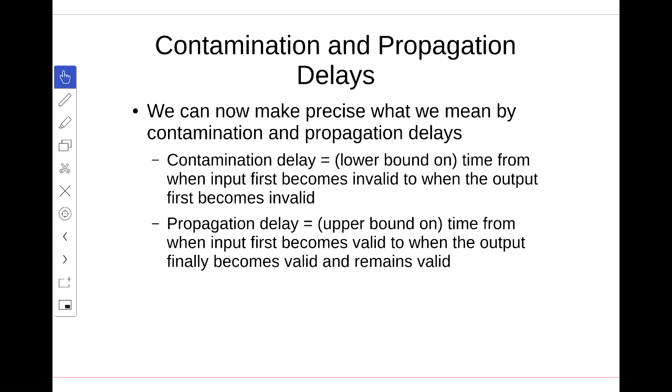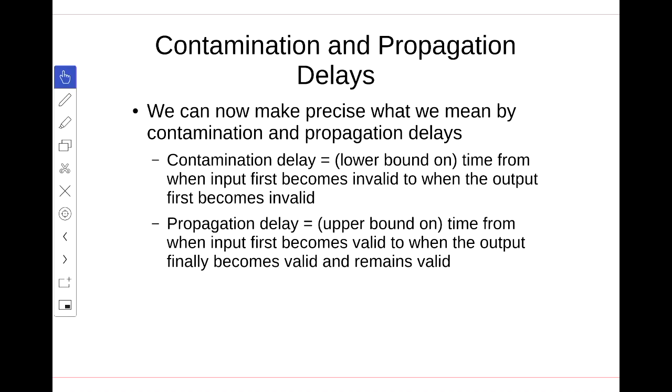So, to remind you, but now being extra precise: the contamination delay of an actual real-world gate, which deals in more than just zeros and ones and has to contend with actual waveforms coming in that can take on any voltage level, is a lower bound on the time from when the input first becomes invalid.